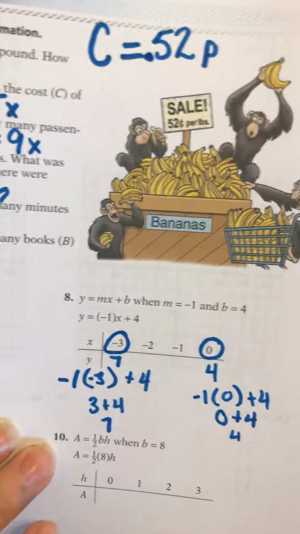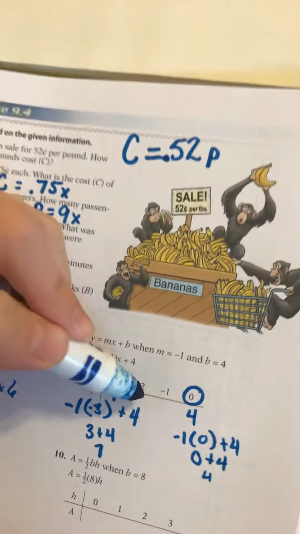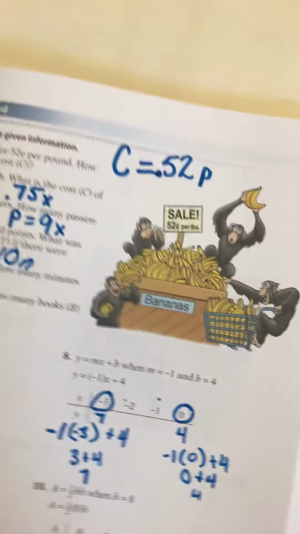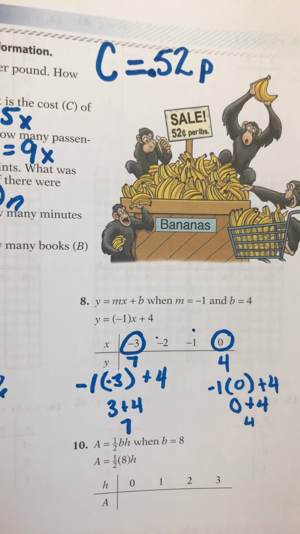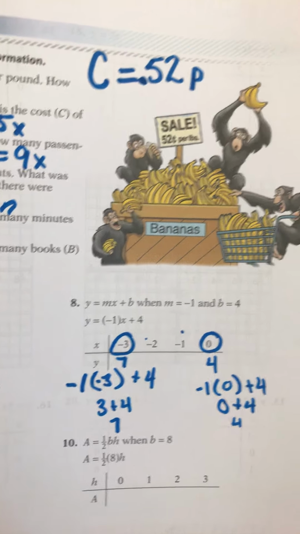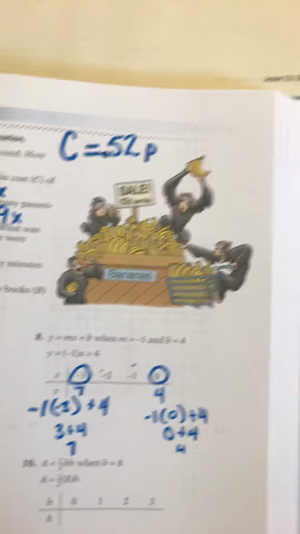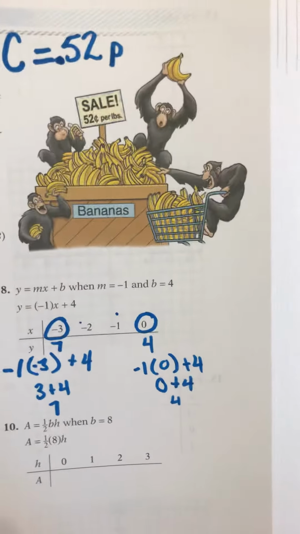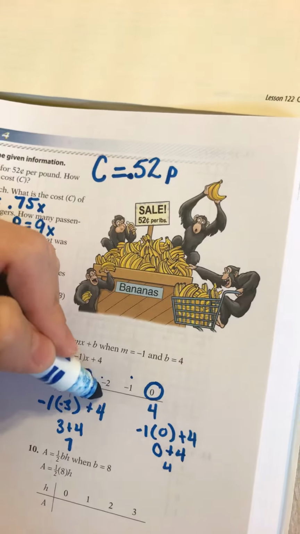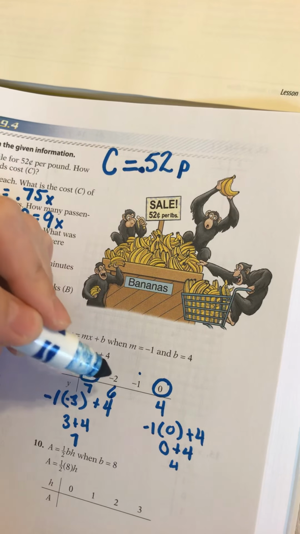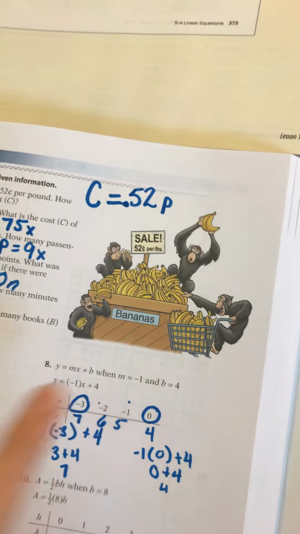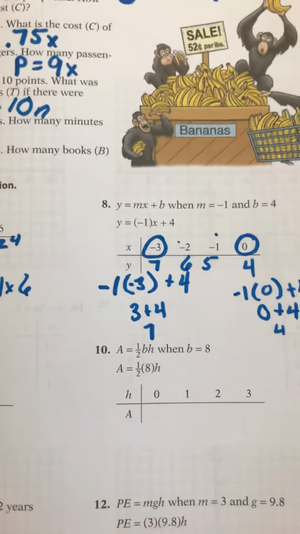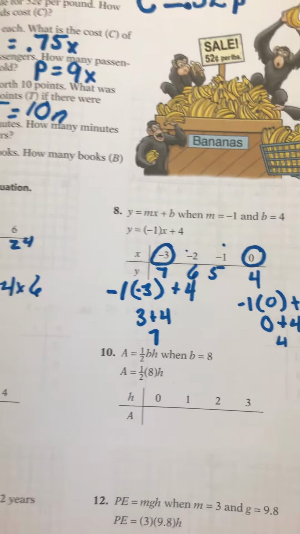Now I want you to pause the video and I want you to come up with -2 and -1's answers. So pause the video at this time. Okay. When you unpause the video, the answer you should have received is 6 and 5 from plugging in these answers into your equation.